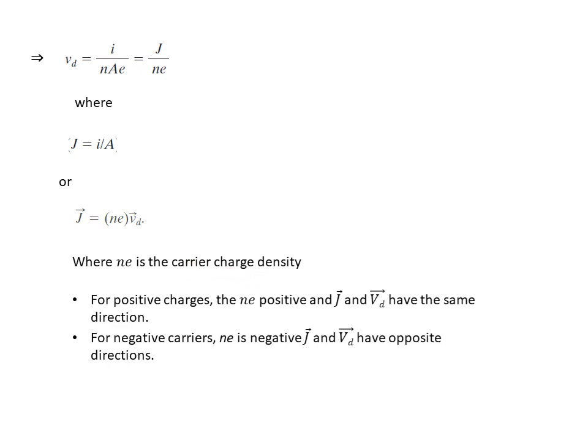For positive charges, ne is positive, so J is equal to nevd. But if the charges are negative, then J is equal to minus nevd. So for positive charges, the direction of current density and vd is the same, and for negative charges, current density and vd are in opposite directions.